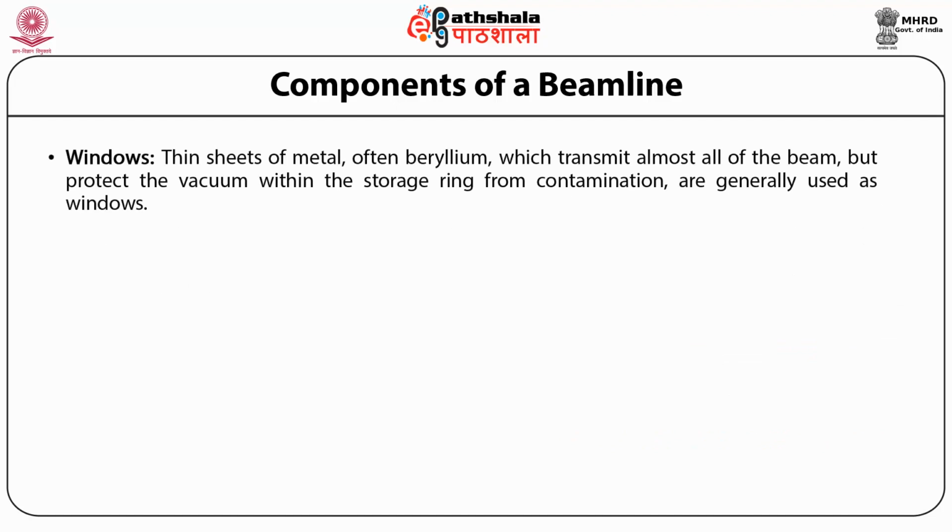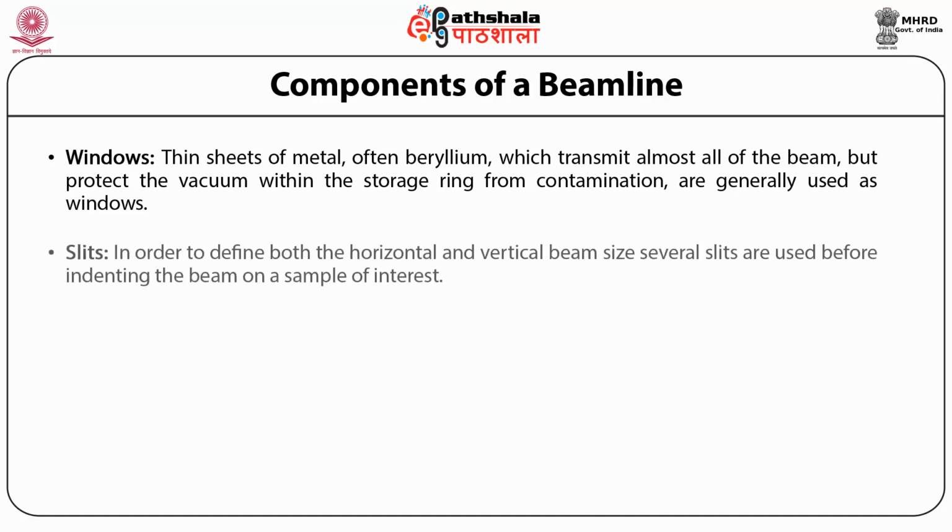The various other components of a standard synchrotron beamline are as follows. Second component is the windows. Thin sheets of metal, often beryllium, which transmit almost all of the beam but protect the vacuum within the storage ring from contamination, are generally used as windows. Third component is the slits.